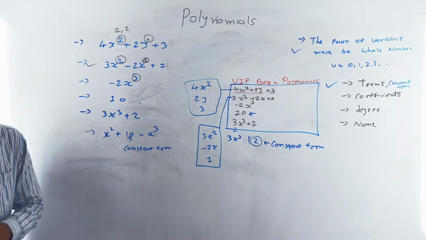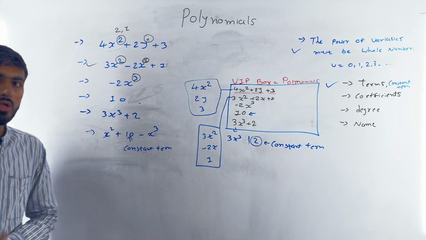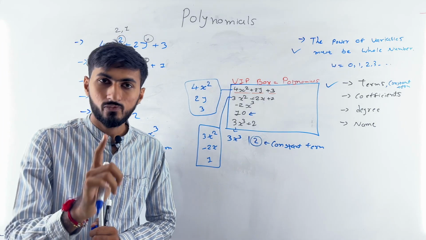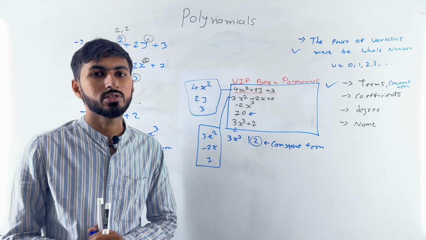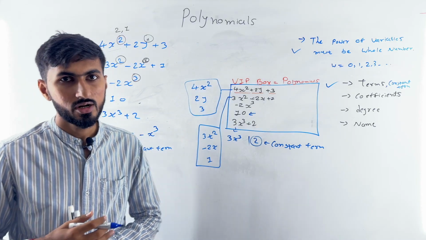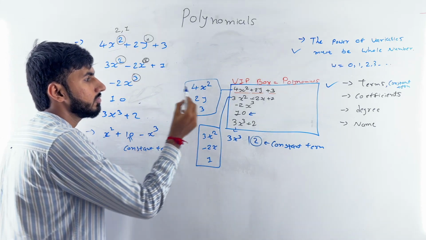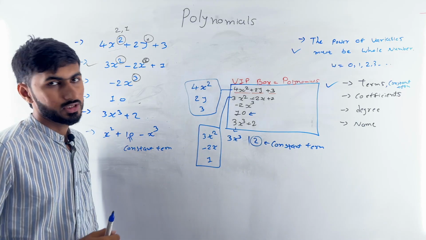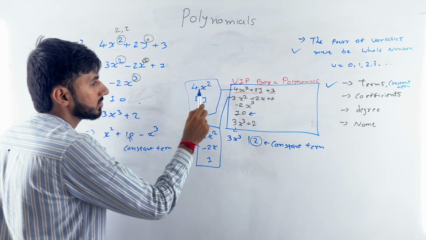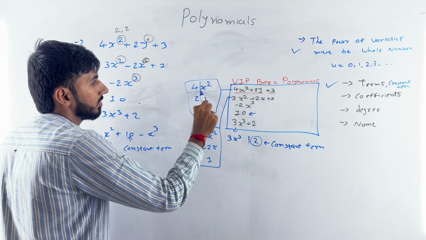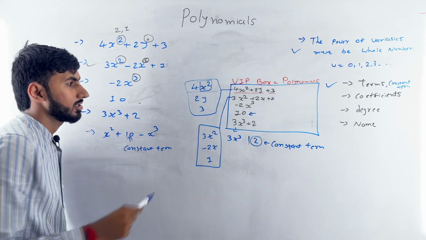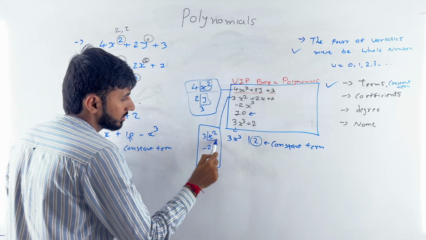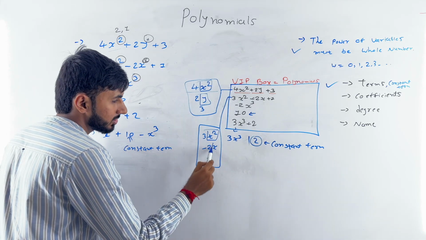These are the terms of these two polynomials, right? Now, for every term, there is a coefficient for the variables in the term, right? What I am saying is, in every term, there will be a coefficient for each variable. Now, what is the variable for this term? Here I have variable as x², right? Here I have variable as y. Here I have variable as x². Here I have variable as x.